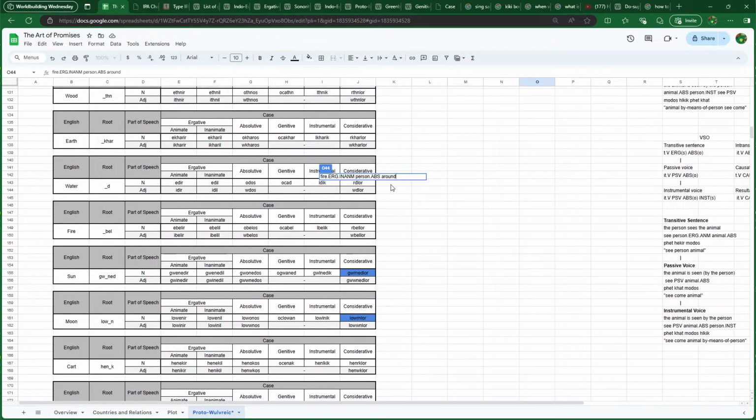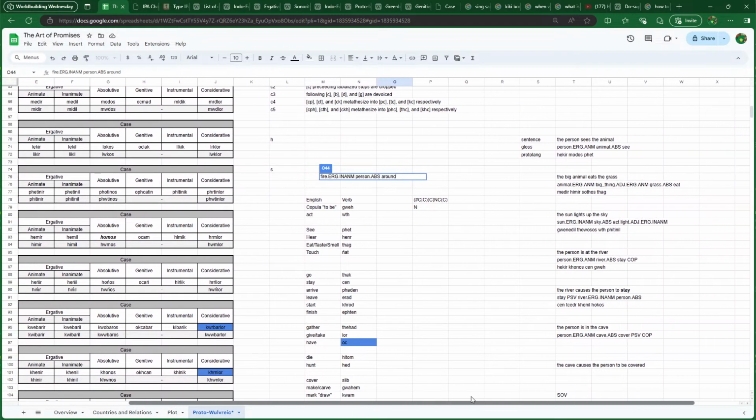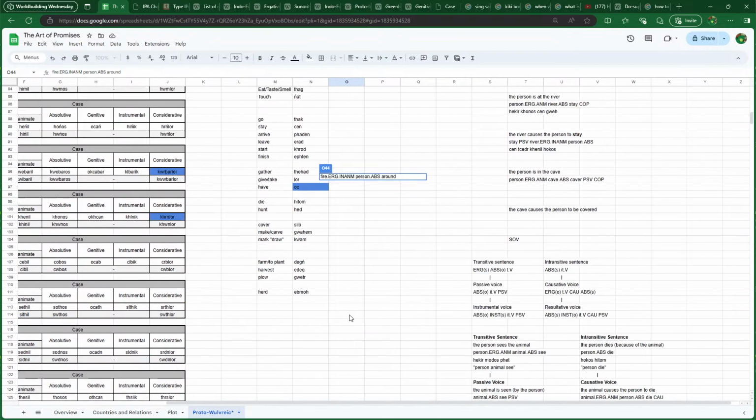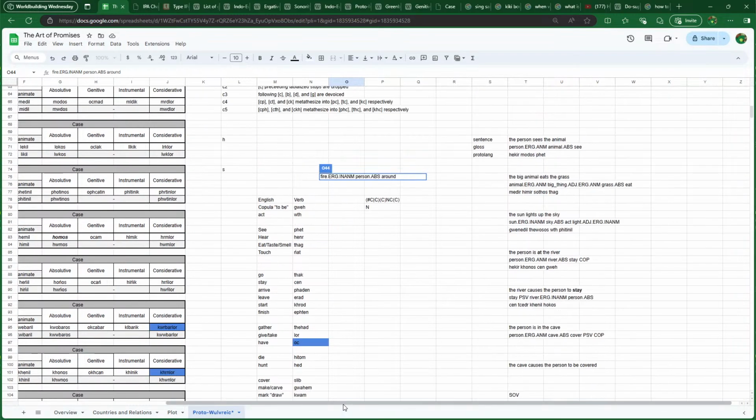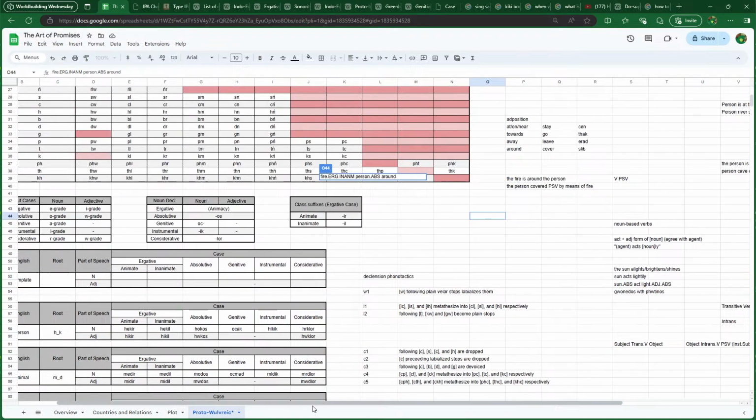The big thing that I have with this system is the consideratives. Or considerative nouns, right? Because how can you give the sun or give the moon or give a cave or give a river, stuff like that. And also the verb to have, osh, because it turns into the genitive.